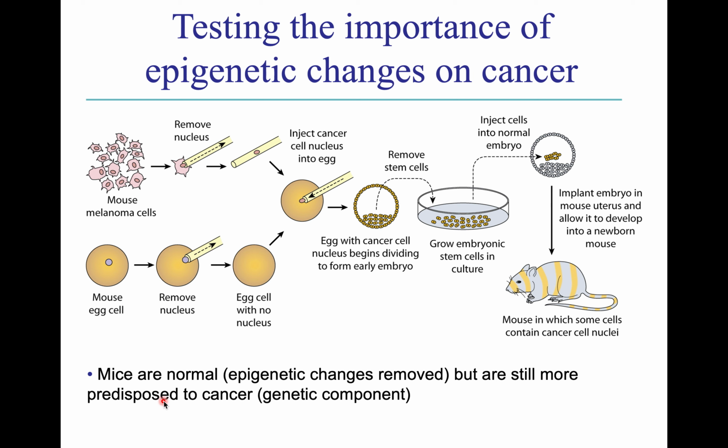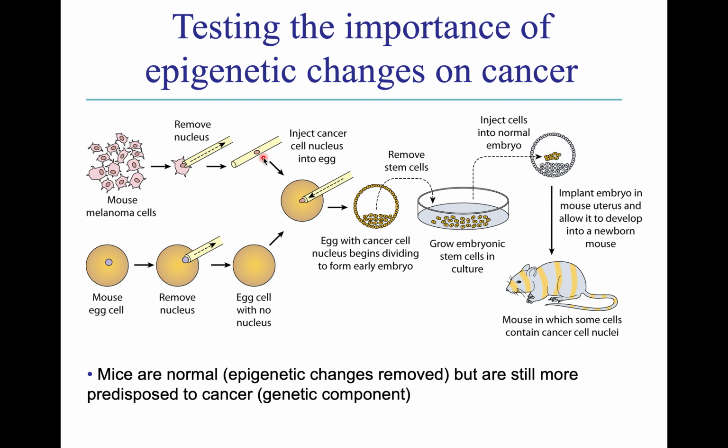So as I said, there's been a lot of interest in epigenetic changes in cancer, but I just wanted to show you one interesting experiment that really illustrated the fact that a lot of these epigenetic changes do get reset typically in a normal embryonic setting. And so what they did here was they removed the nucleus from some mouse melanoma cells.